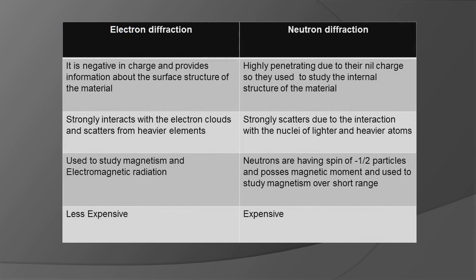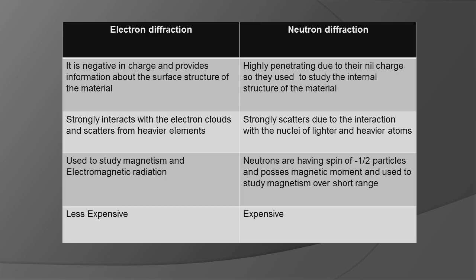These are some of the differences between electron and neutron diffraction. In electron diffraction, the electron is negative in charge, and this provides information about the surface structure only, whereas neutron diffraction is highly penetrating.